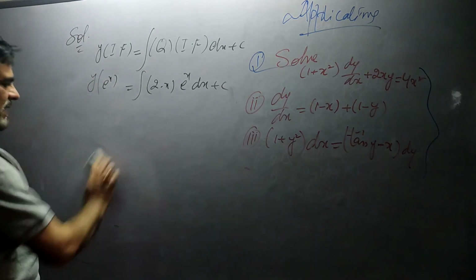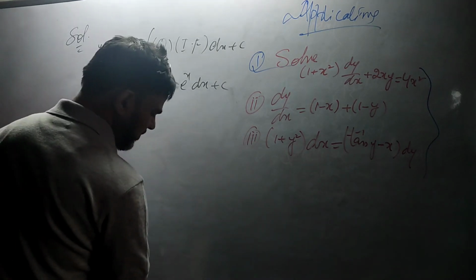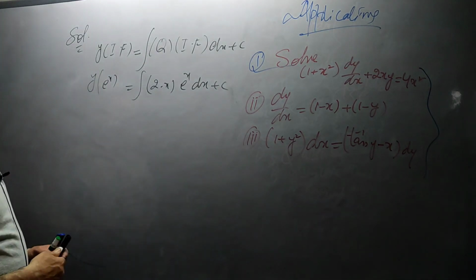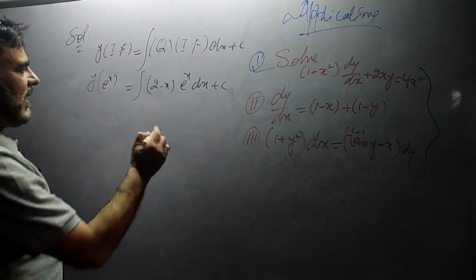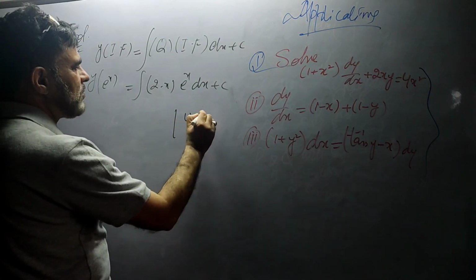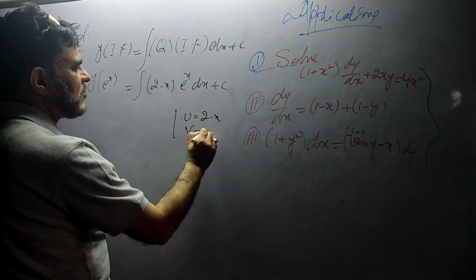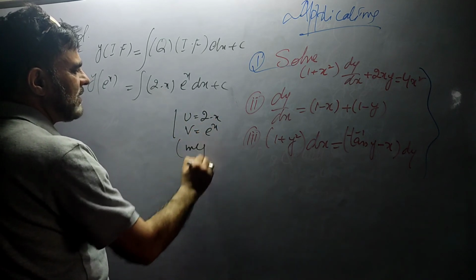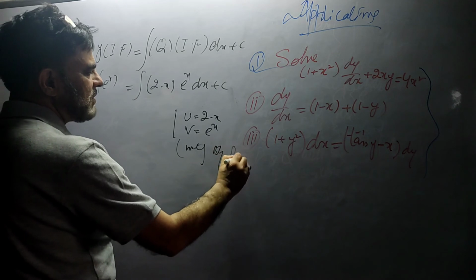It is the product of a linear function and an exponential. I take u is equal to 2 minus x, v is equal to e raised to the power x, then integrate by parts.